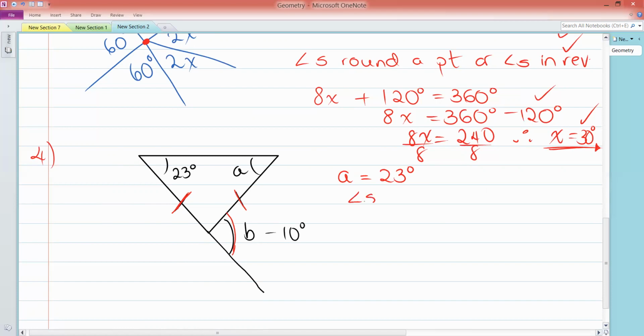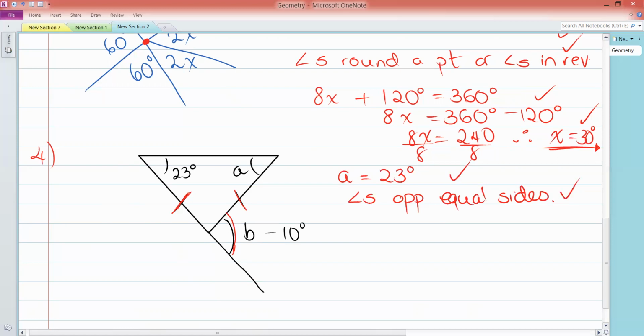Angles in an isosceles triangle are equal, the two angles at the bottom. Yeah, so the reason is angles opposite equal sides. Angles opposite equal sides. So a mark for your statement, a mark for your reason.